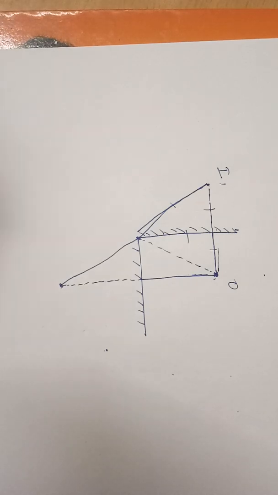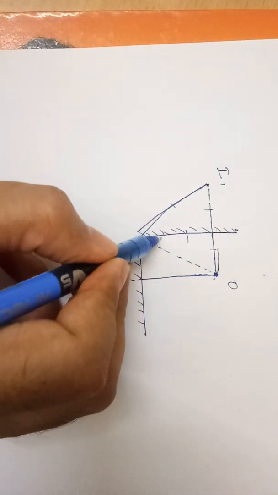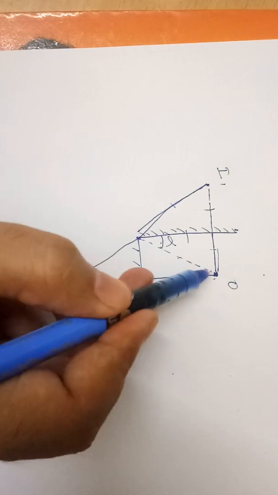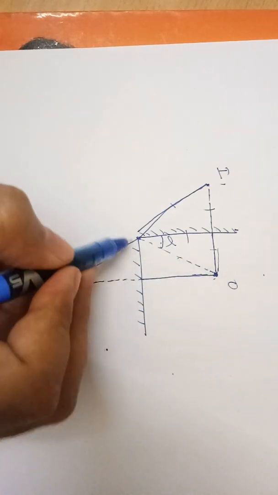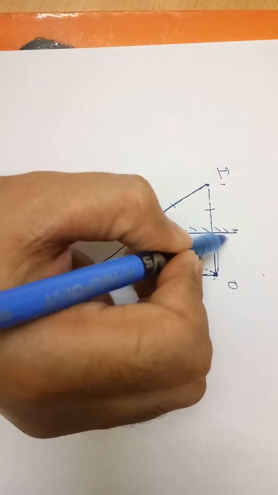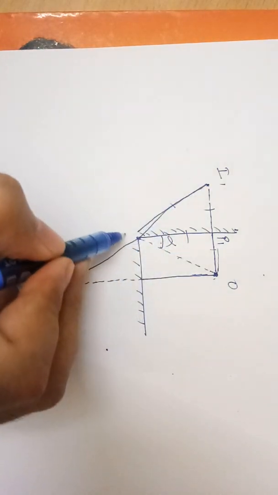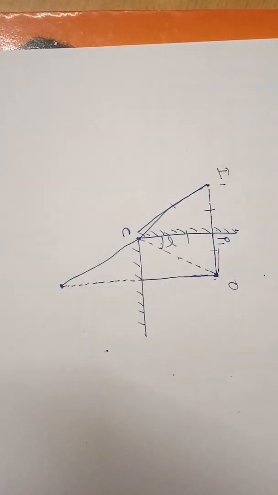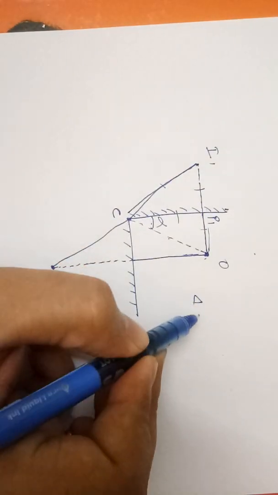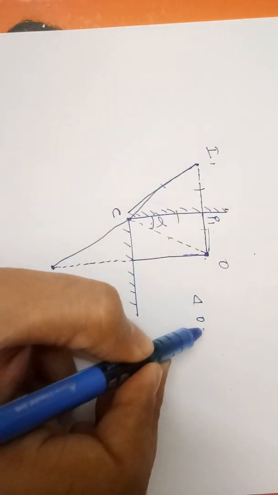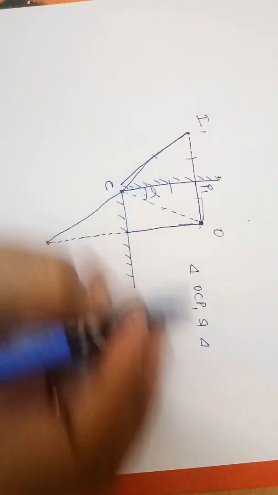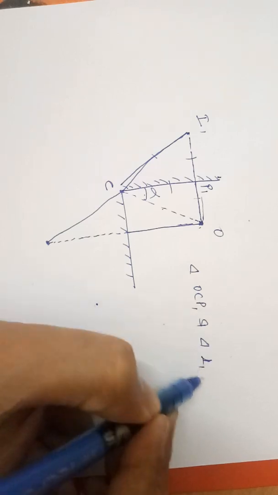Now if I am talking about this thing, suppose this angle is alpha, okay, then this triangle, so I'm giving the name O P1 I1, suppose C point. So the triangle OCP1 and triangle I1CP1.